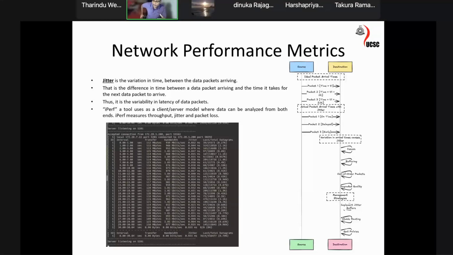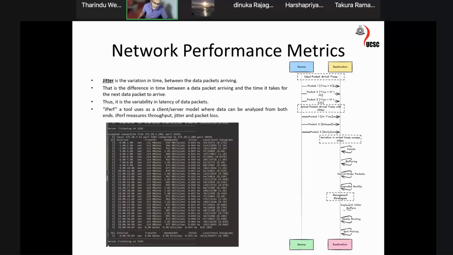Or if you have application issues, rather than troubleshooting just by the applications, you can check independently of the application for your network performance test by using these tools to benchmark or baseline the network, to check the readiness or troubleshoot the network. So it's quite a useful tool to measure and understand the jitter, the variation of delay.